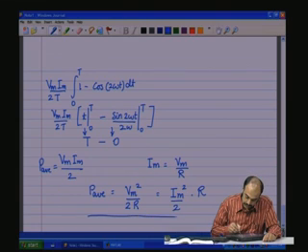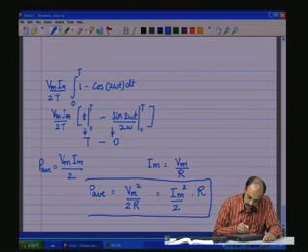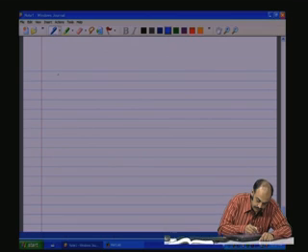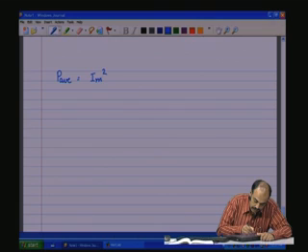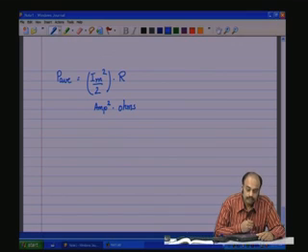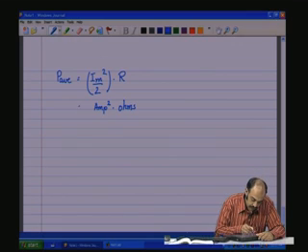Look at this equation. Power is equal to either Vm square by 2R or Im square by 2 into R. So, let us take the case of P average which is equal to Im square by 2 into R. So, this is amps square into ohms, which is giving you watts.